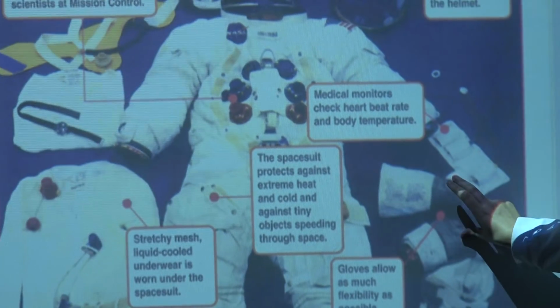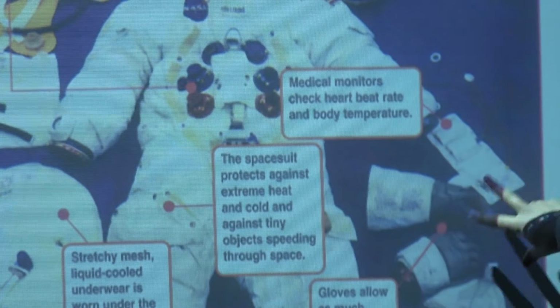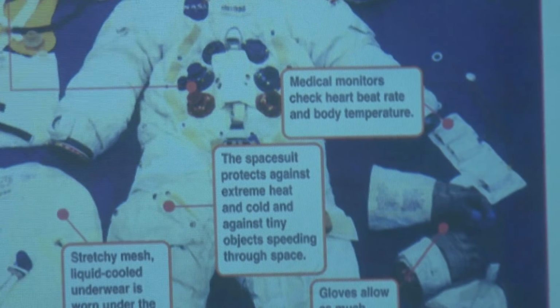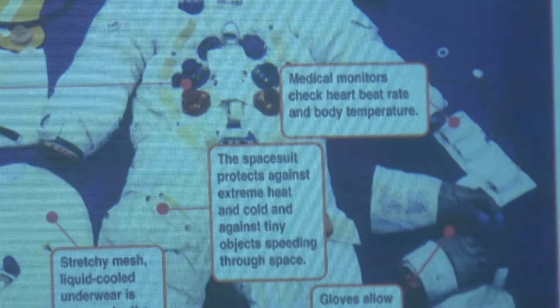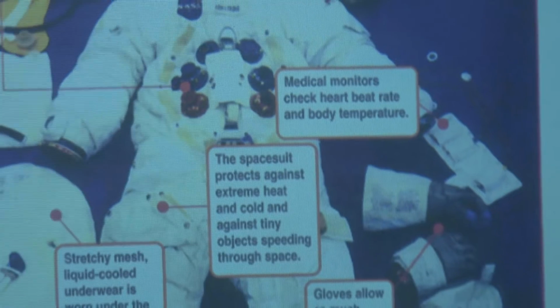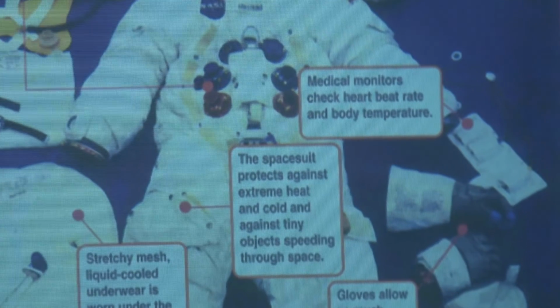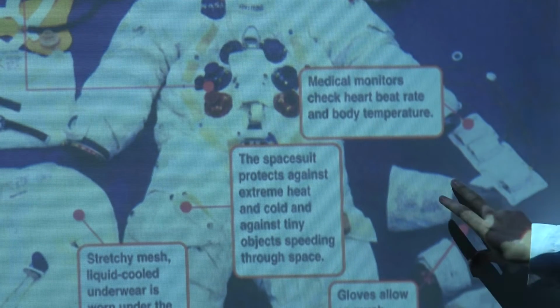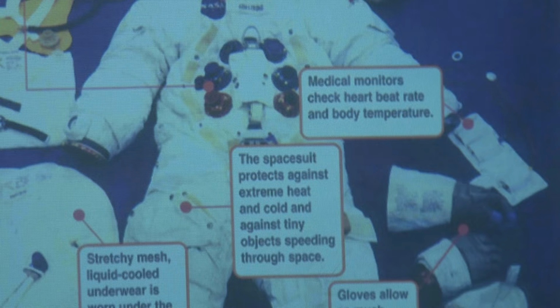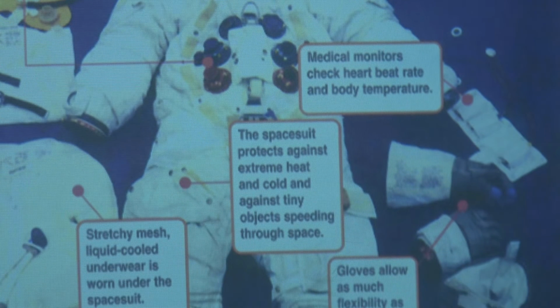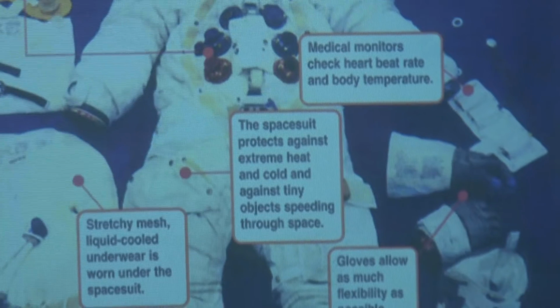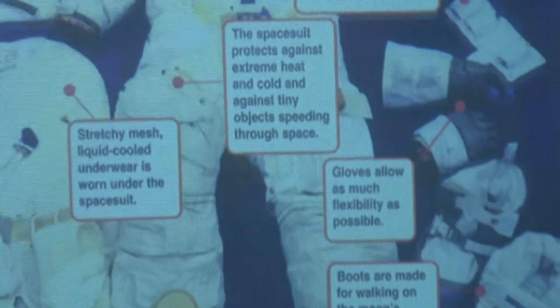And here we have gloves. What are gloves good for? Sometimes scientists use them for picking things up, and for anything else. The gloves are for their safety. And here we have boots.